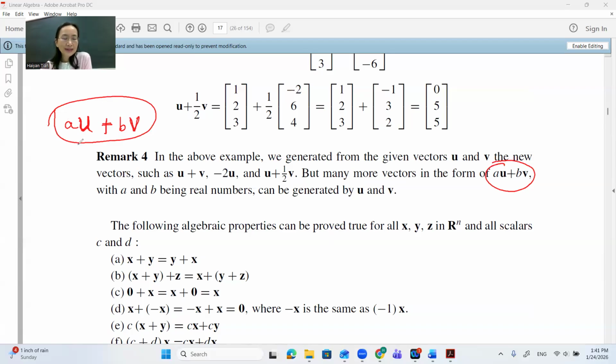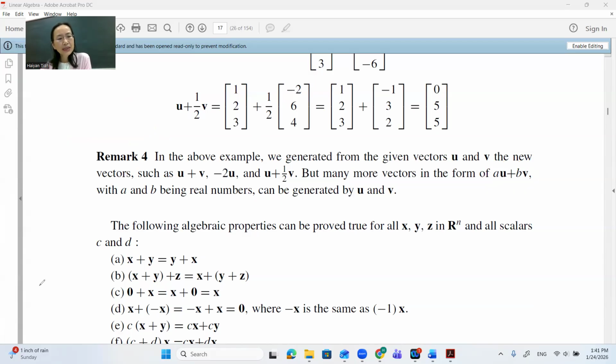We can recognize a certain form just to see what they possibly mean. That's just another vector generated by u and v with those a and b as numbers.